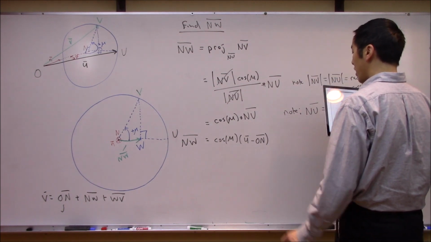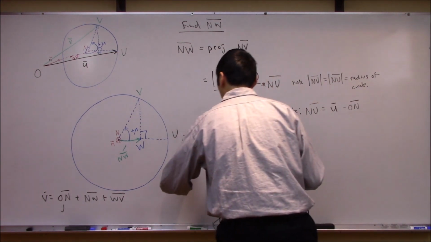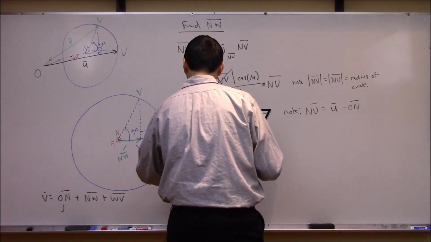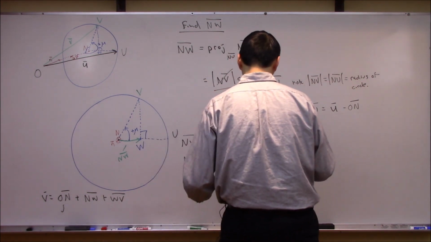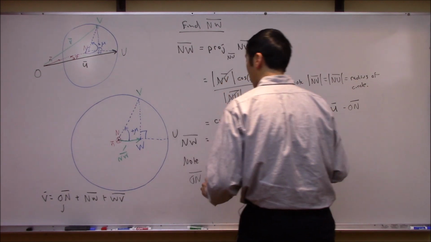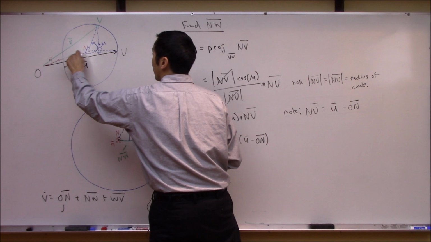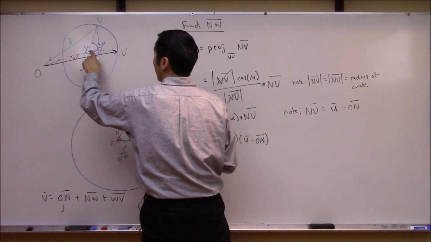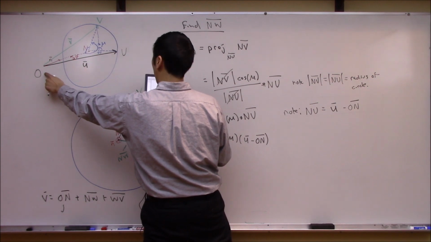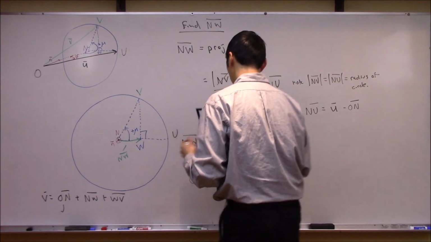Okay, now let's look at ON here, okay? So let's save this here for a second, and we're going to make a note that we can say the vector ON, right? Where's our vector ON? Let's look at our picture here. ON, that's this dashed red line here, right? And that is the same thing as the vector projection of U, this vector here, onto N bar here, right?